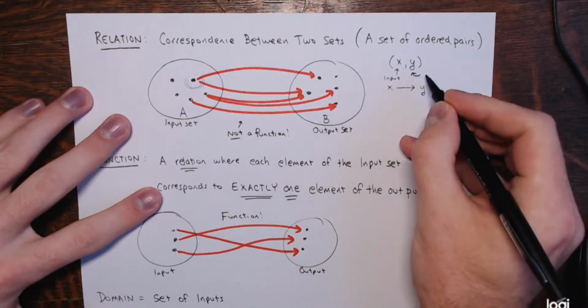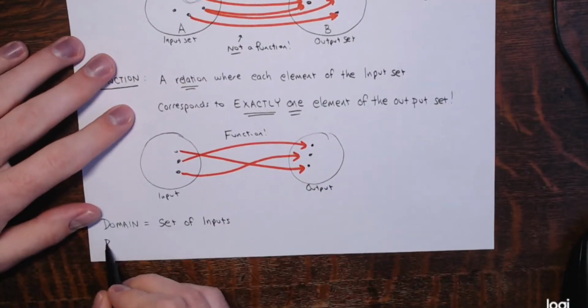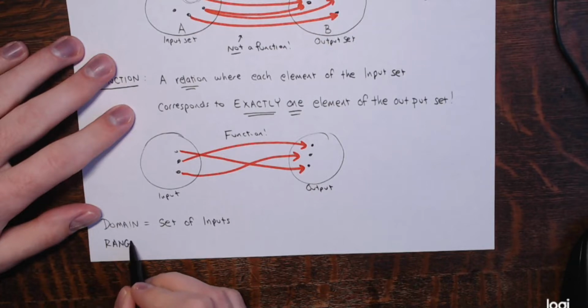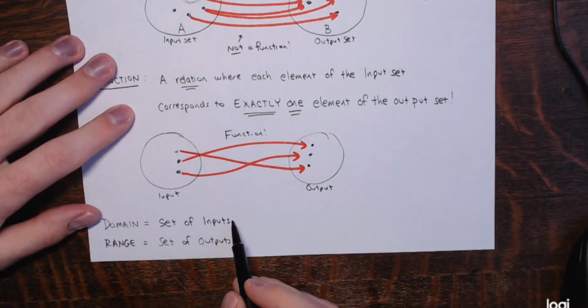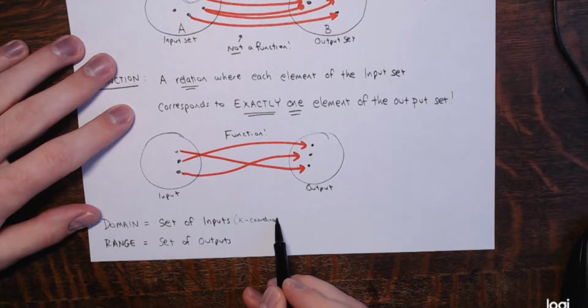And the range is just the output set. Right? It's just the set of all the outputs. Which, typically the inputs are x coordinates if we're talking about ordered pairs, right?